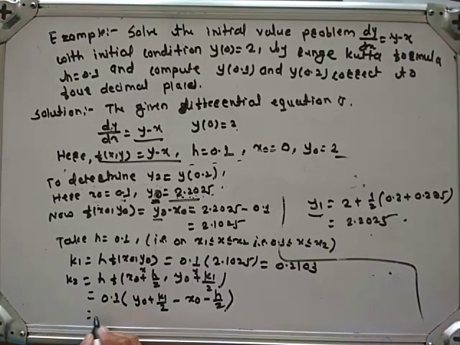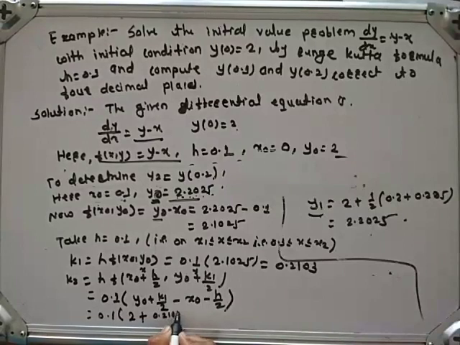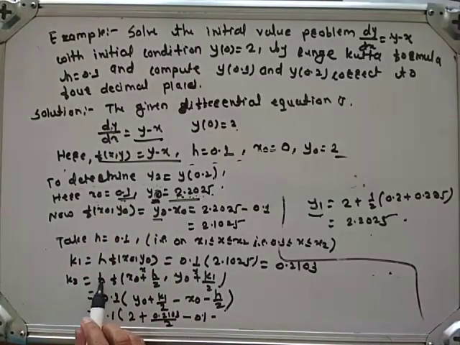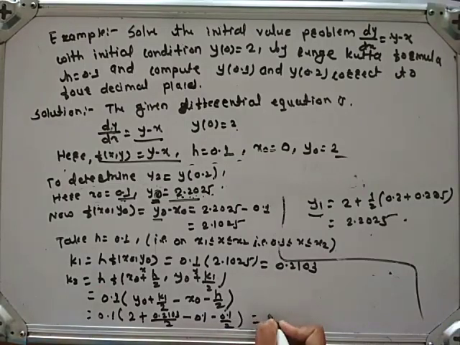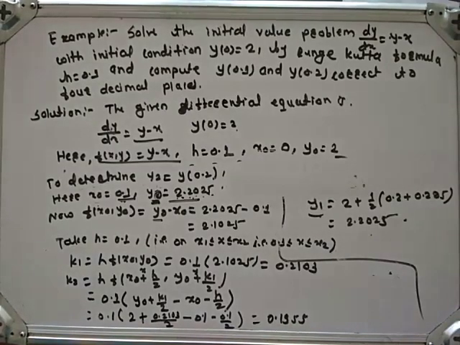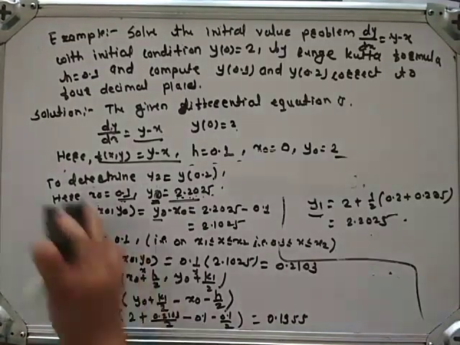This is 0.1 into 2.2025 plus 0.2103 upon 2 minus 0.1 minus 0.1 upon 2. Simplify this and calculate on the calculator. We will get the answer 0.1955, which is k2.